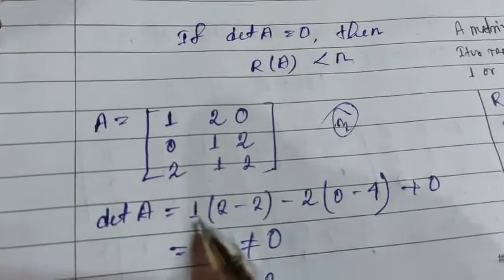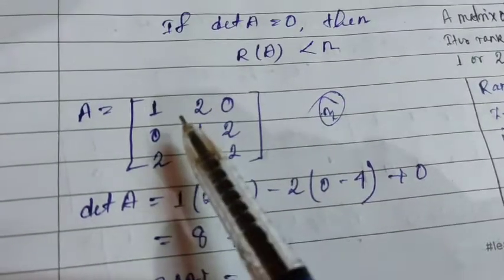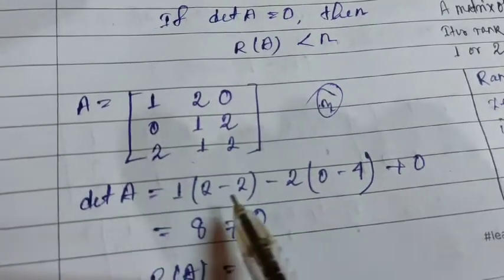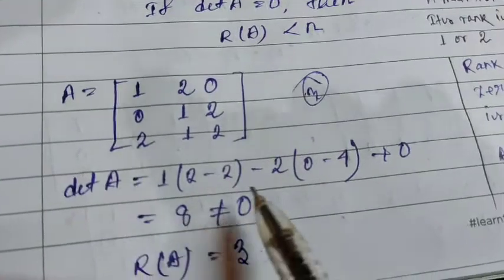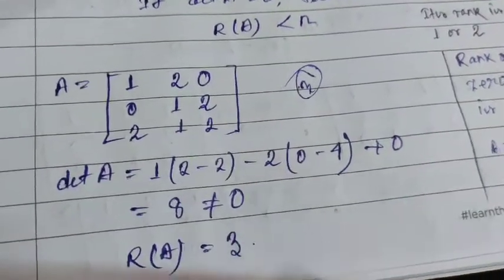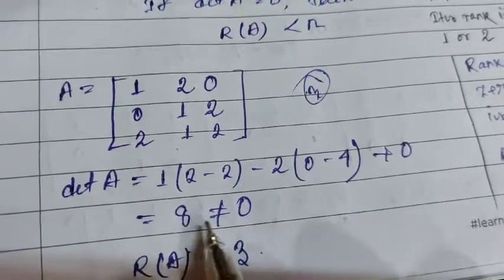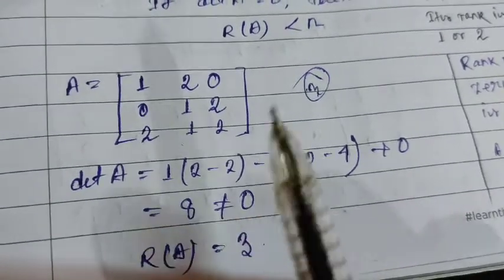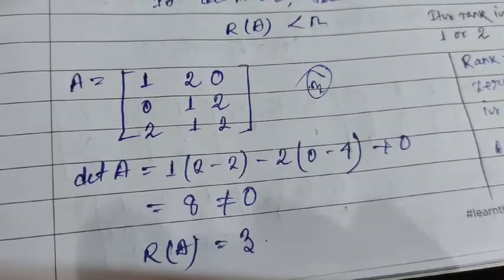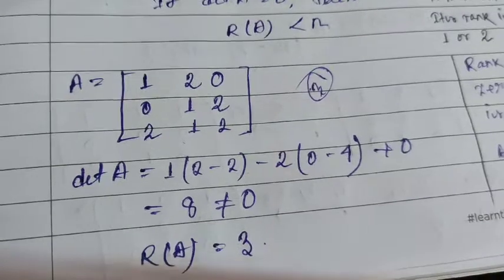If we expand it along the first row, we get the determinant equal to 8, which is not equal to 0. Since the determinant is not equal to 0, we can say that the rank of the matrix A is equal to 3.